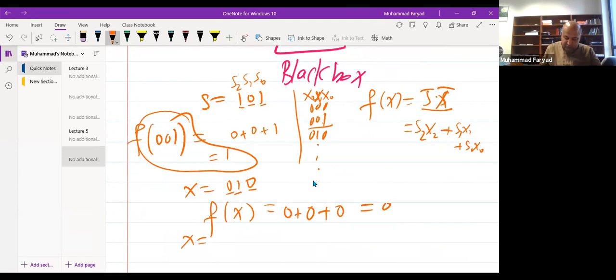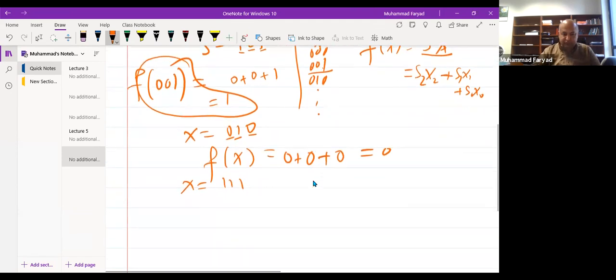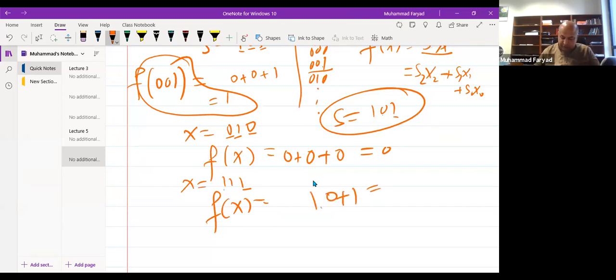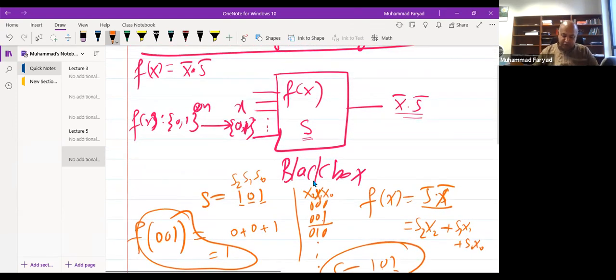If x is equal to 111, then f of x is, s was 101, so 1 into 1, 1, plus 0 into 1, 0, plus 1 into 1, 1. So 1 plus 0 plus 1 is 2, and modulo 2, it is 0, and so on. So this implements a function f of x that multiplies the input bit string with a secret bit string and gives the result out at the output.